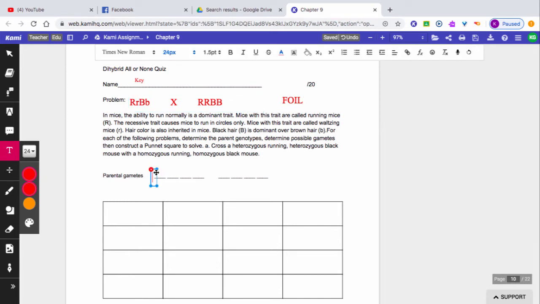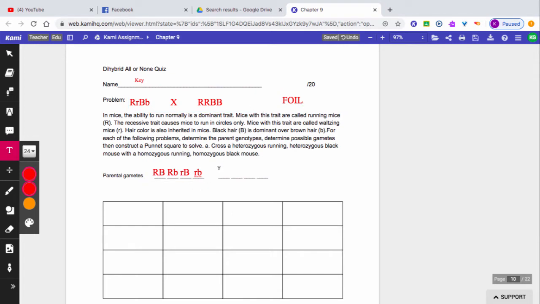So I'm going to have capital R, capital B as one possible gamete. The other one for FOIL is outer, so capital R, little b. And then the next one, inner, little r, capital B, for inner, these two. And then finally, last is little r, little b. Okay, so those are my 4 possible gametes for parent 1.